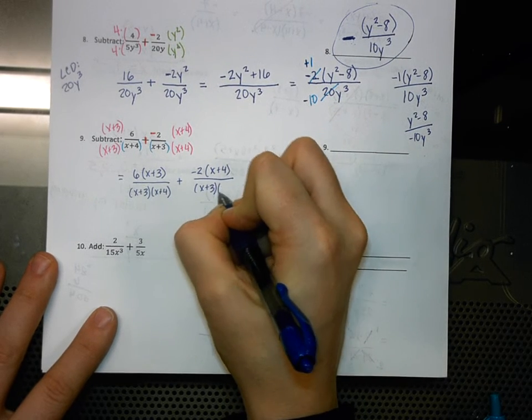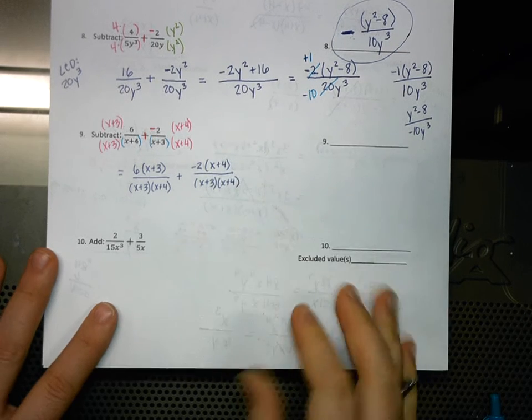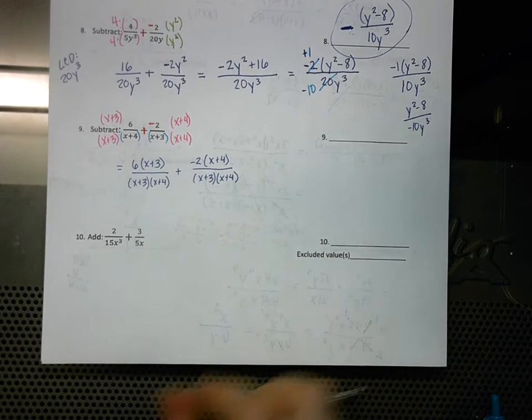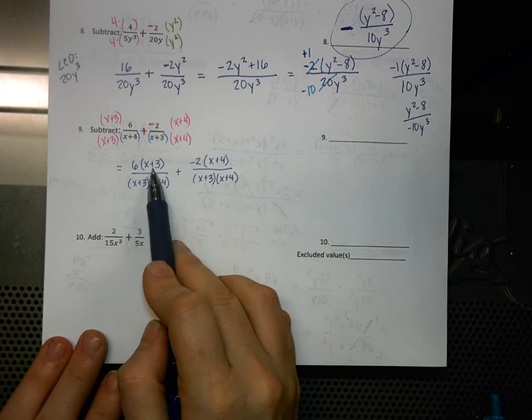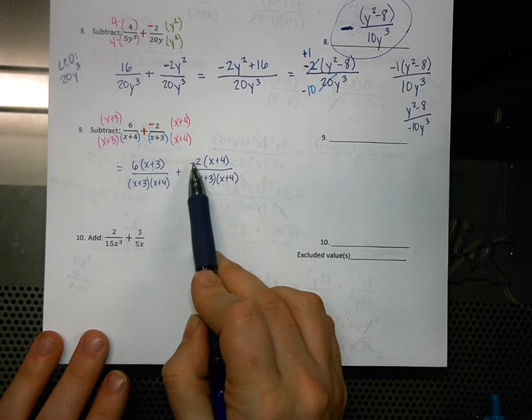Are your denominators the same? Yes. So you can now add your numerators. But you can only combine like terms. Right now, 6 times x plus 3 is not a like term with negative 2 times x plus 4.